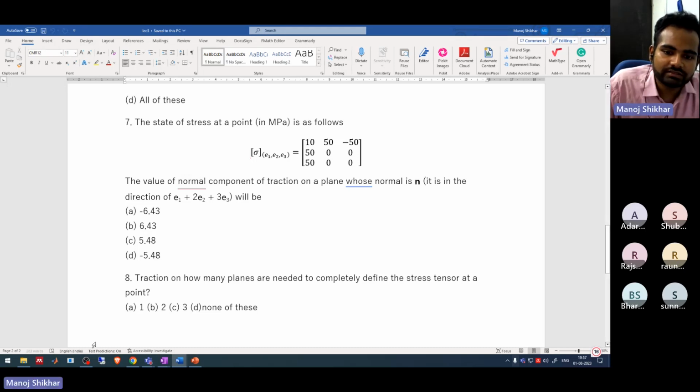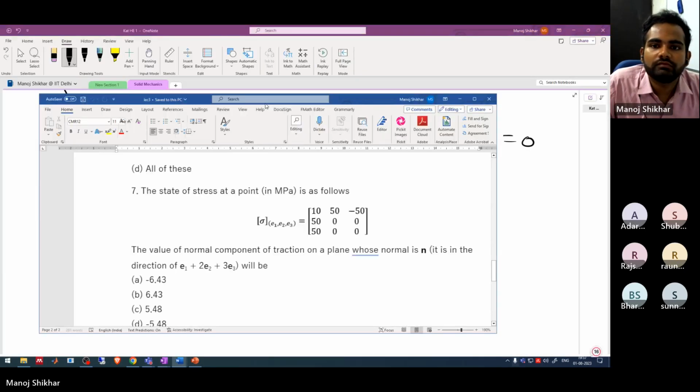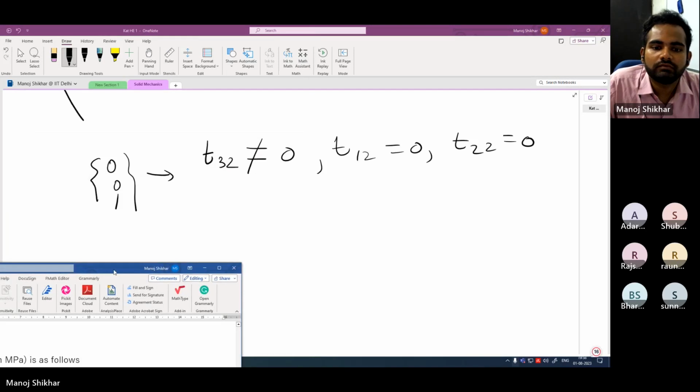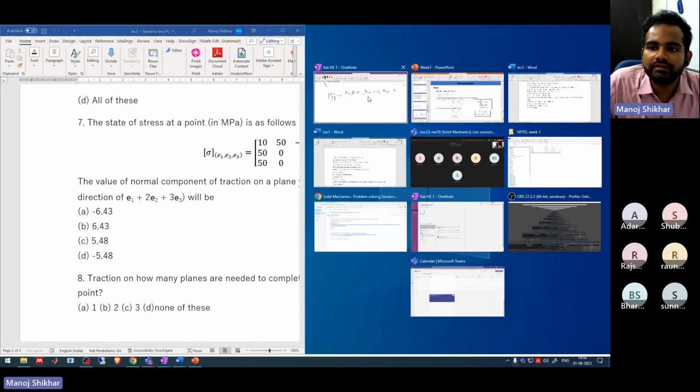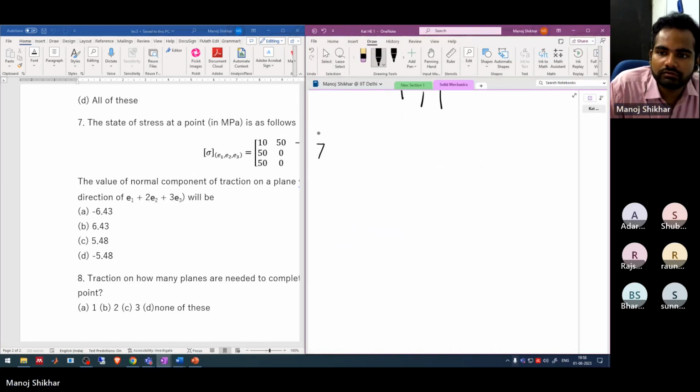Question number 7 says, let me take the data. So what does question number 7 say? Lecture 3, question 7. So we are given a state of stress.